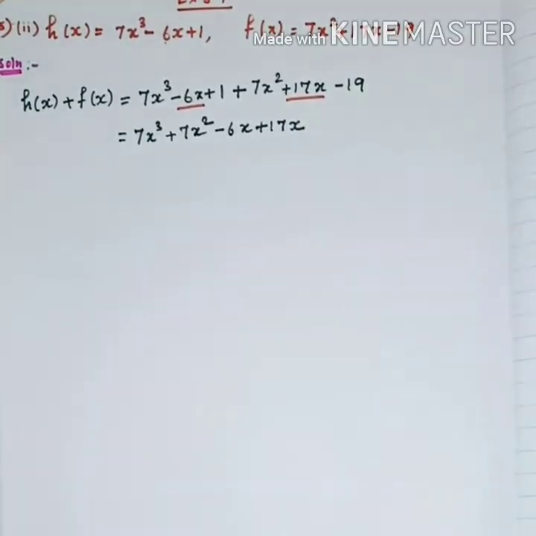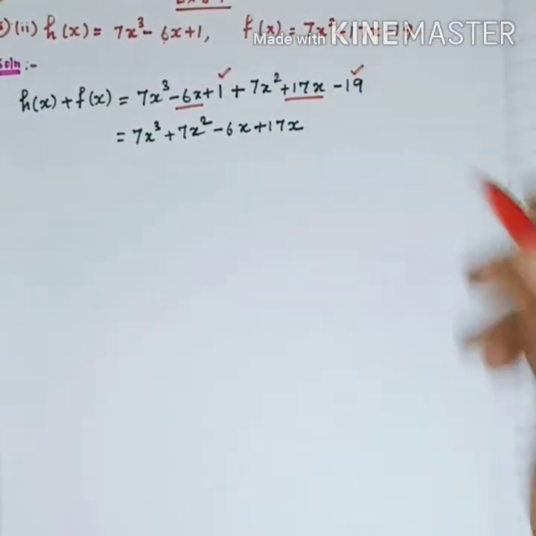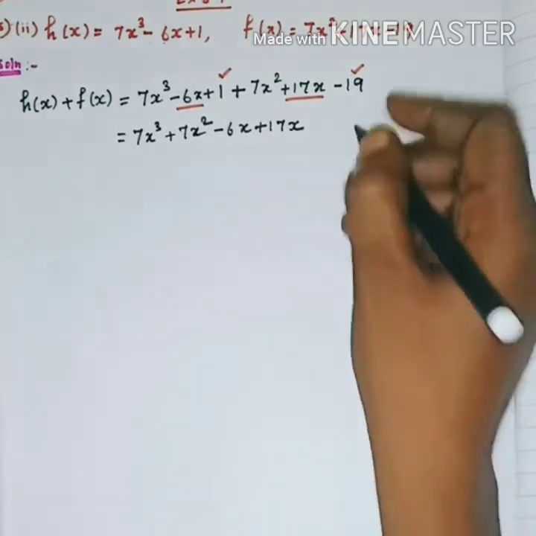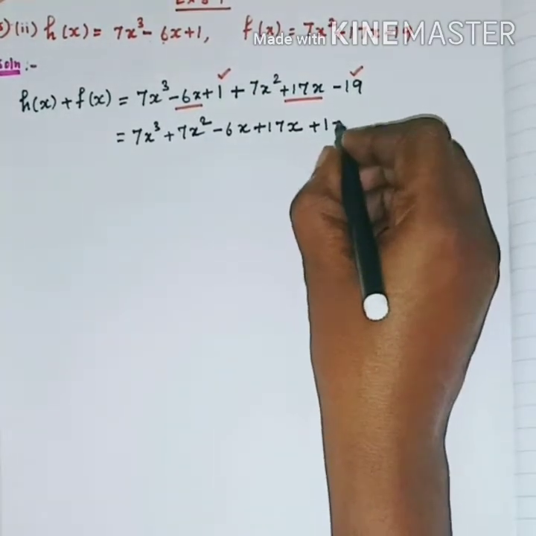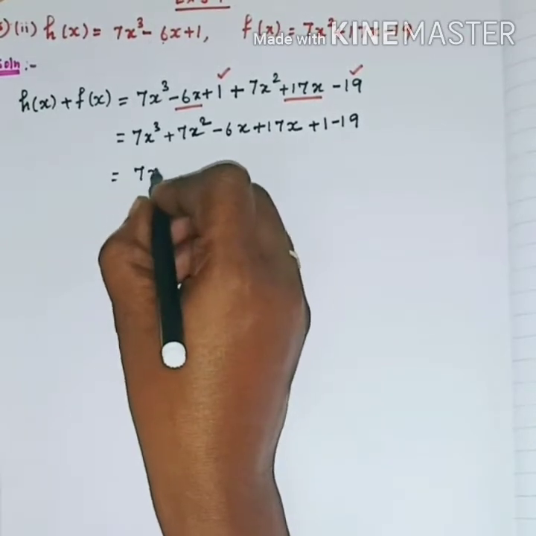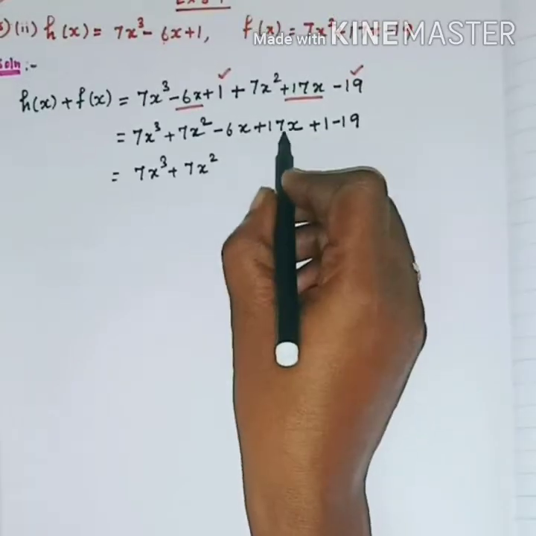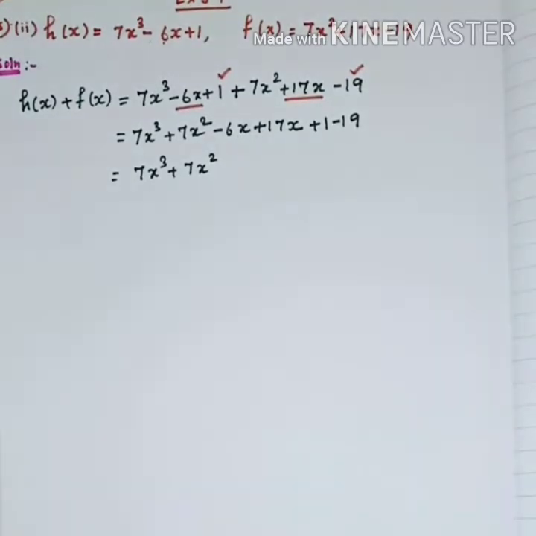And then the constant terms. What are the constant terms we have? 1 and 19 are the constant terms. So plus 1 minus 19. Now the answer is 7x cube plus 7x square. So these two like terms we have to add.